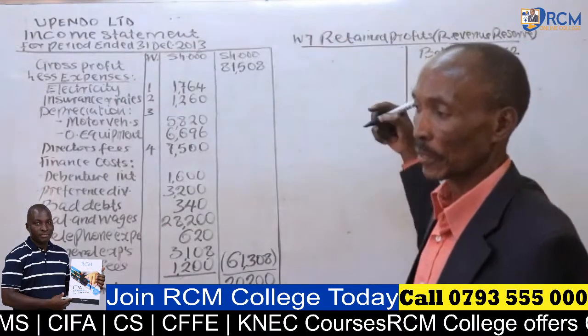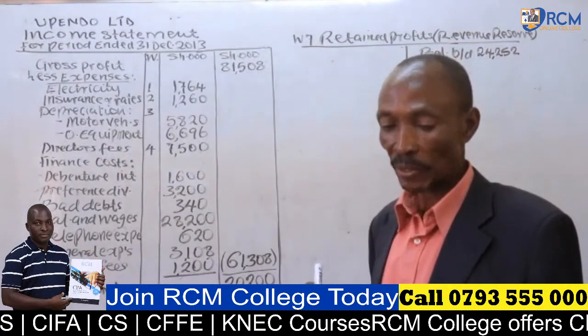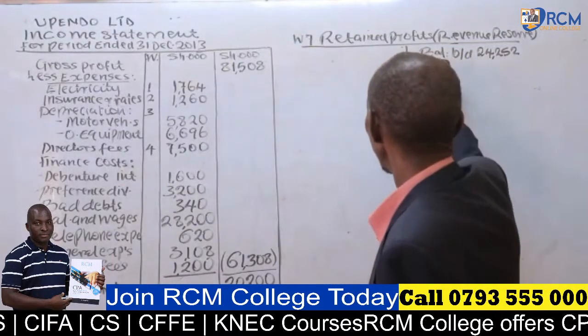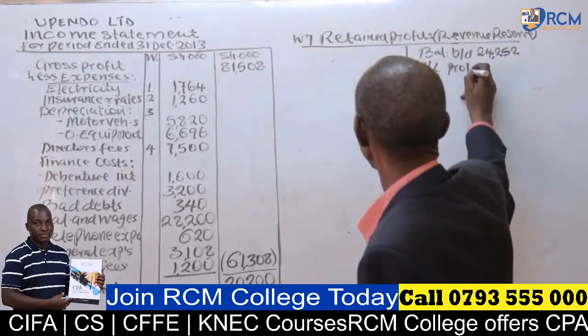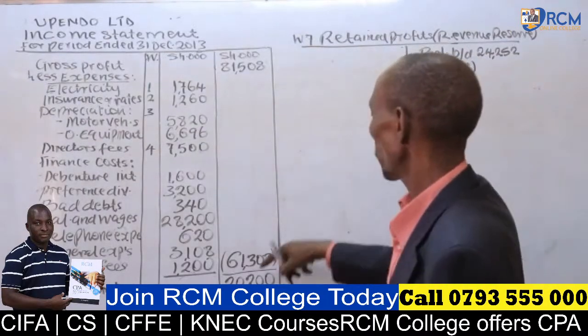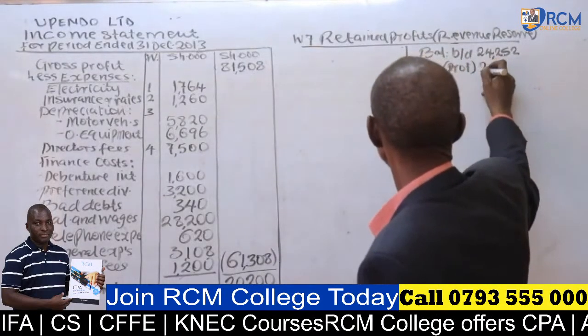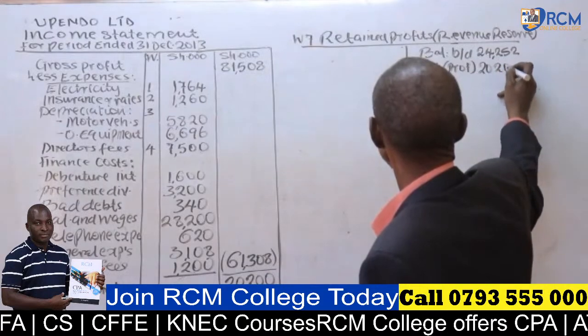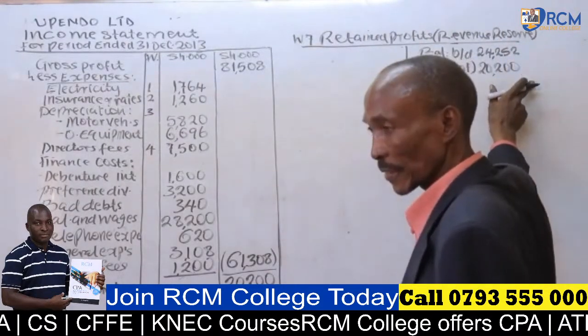This is the profit that was reserved from the previous periods, which was not shared out. Then profit or loss, that is the profit for the current year, 20,200, is added here. You can now see the work of this account is to accumulate together the profits.